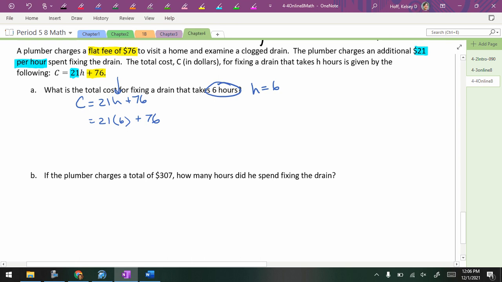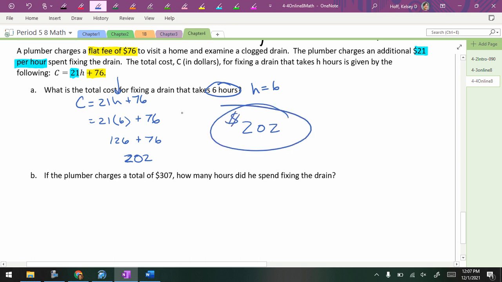Multiply 21 times 6. 126. Plus 76 is 202. Label on 202 would be dollars. For 6 hours, it's going to cost $202.